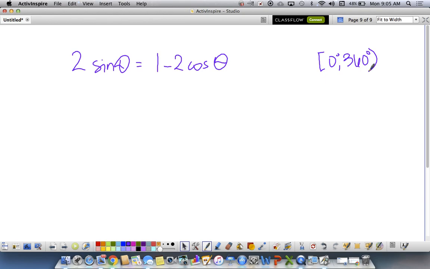Cosine. I don't give you one that's hard. I'm just thinking I probably shouldn't have given this to you. I won't give you something that has both of them in it to solve for. So it's subtract two cosines and factor two out. But you keep the one on the other side.